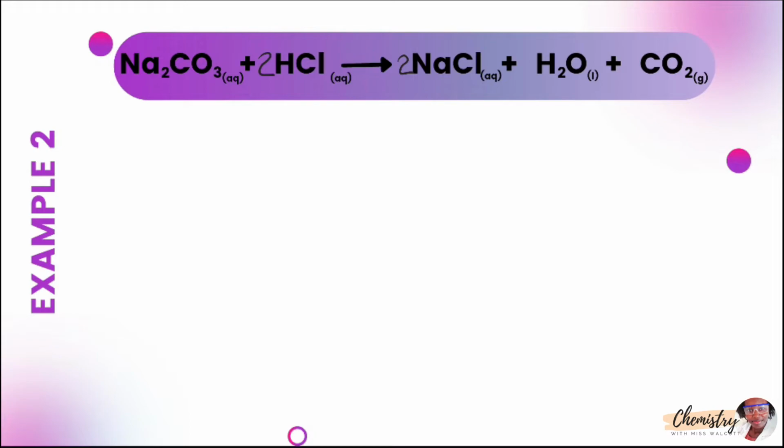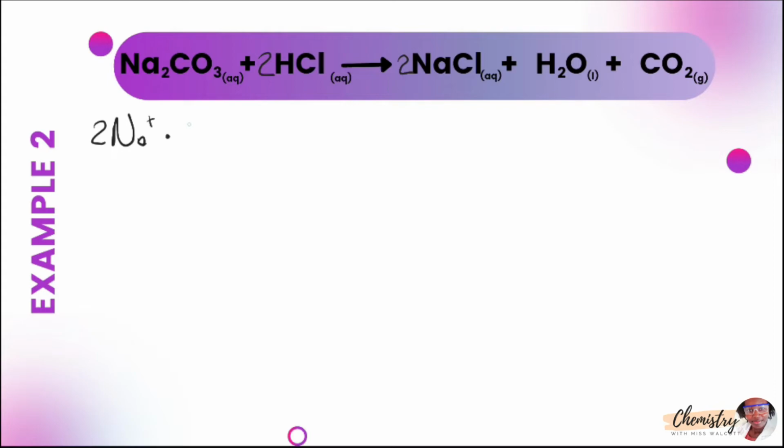Once we have our balanced equation, I can go ahead, identify anything that is aqueous, and separate it into its ions. So first we have sodium carbonate: sodium plus carbonate. This says I have 2 sodium ions. Remember that these little subscripts in the formula tell us how many atoms we have of that.